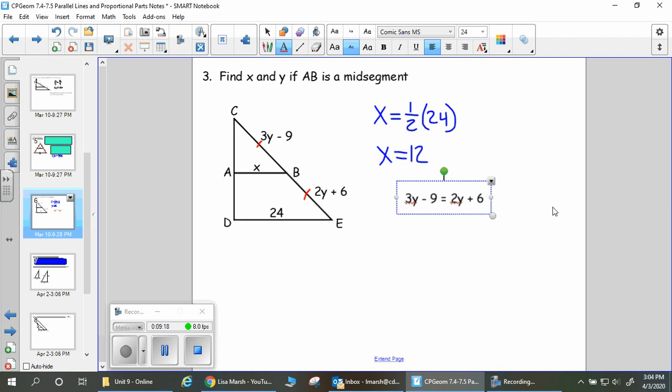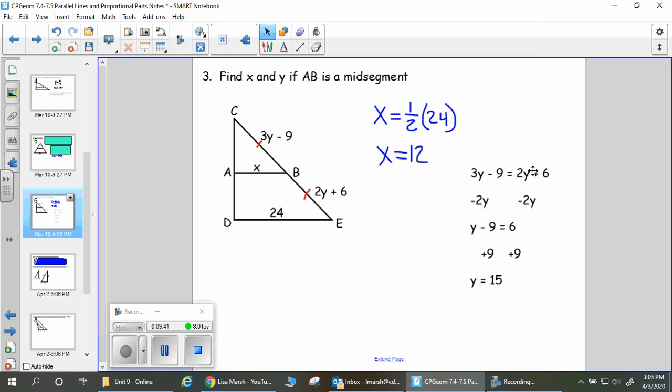Okay. And now it just becomes a matter of solving. So I can subtract, for example, 2y from both sides. That's going to give me y minus 9 equals 6. And then I can add 9 to both sides, and so my y is going to equal 15. So there's my work for y.